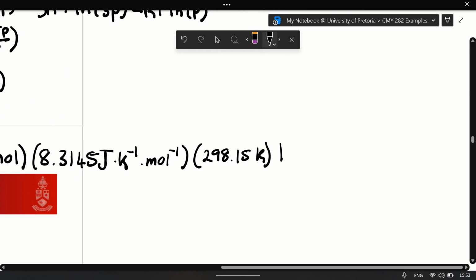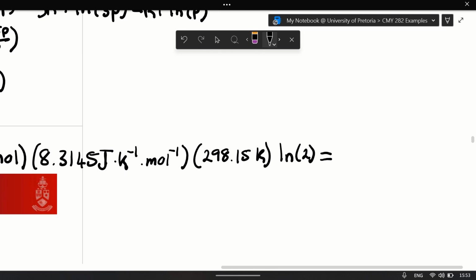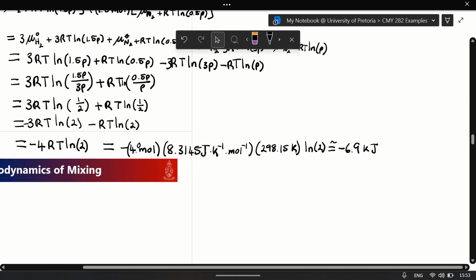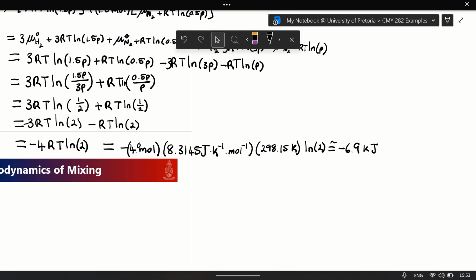And then we have ln of 2. Plugging all that in a calculator gives us a value of minus 6.9 kilojoule, rounded off, because of course 4.0 mole is two significant figures. So great, and that's of course spontaneous, so that makes sense.